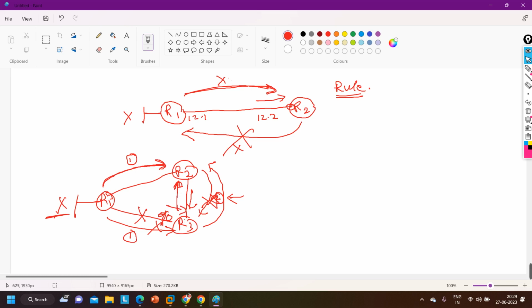Because here we have split horizon, right? No guys, this is not split horizon. In this update, when router 3 sends the update to router 2, the metric will be marked as infinity. Infinity metric means from me there is no reachability. Infinity means the prefix is not reachable.